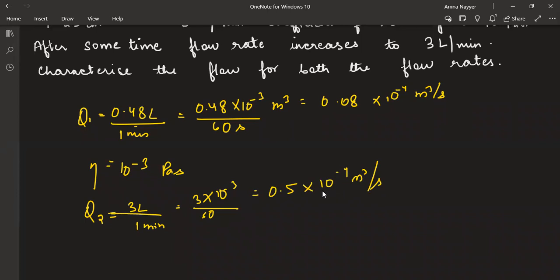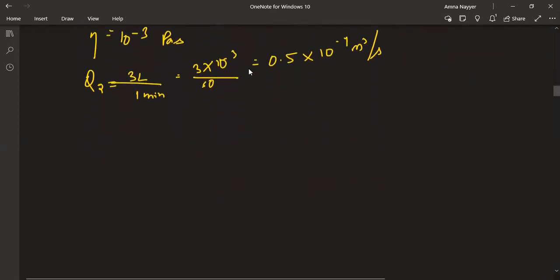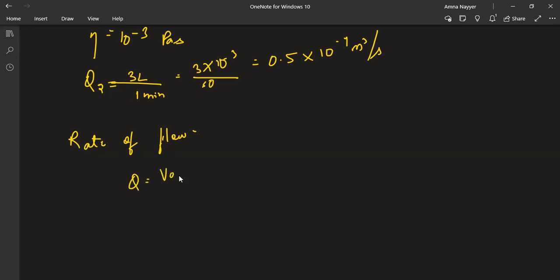Now when you have to find out the rate of flow, see, rate of flow will become volume by time, right?